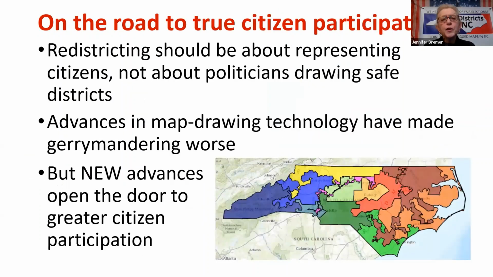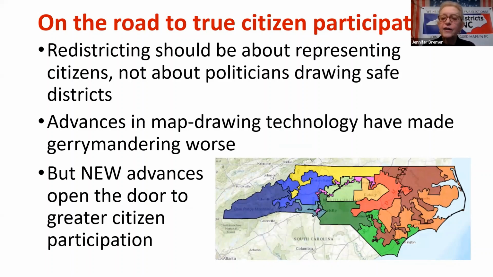So redistricting really should be about representing citizens and not about politicians drawing safe districts. And advances in map drawing technology have made gerrymandering much worse. So now citizens can fight back with some of these techniques that are out there. And so the ability to really integrate data into mapping and really fine tune the gerrymanders has become more and more of a problem.